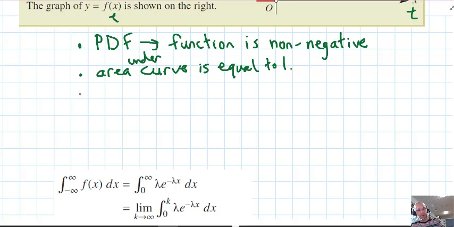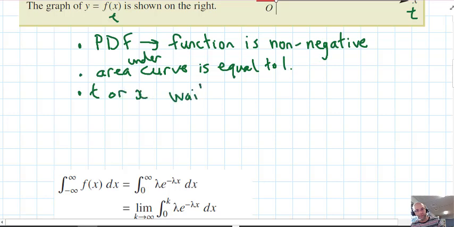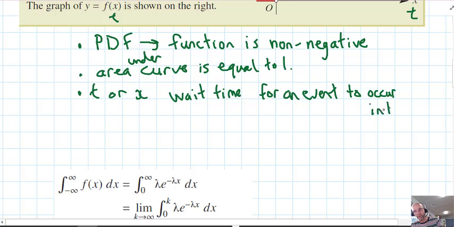Now, symbols t or x, depending on which one you're using, that's the wait time for an event to occur. So it's the wait time for an event to occur in the distribution.